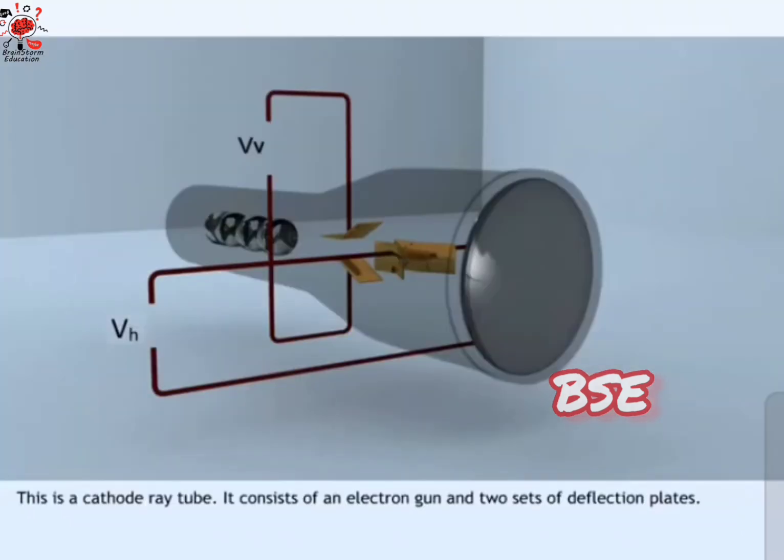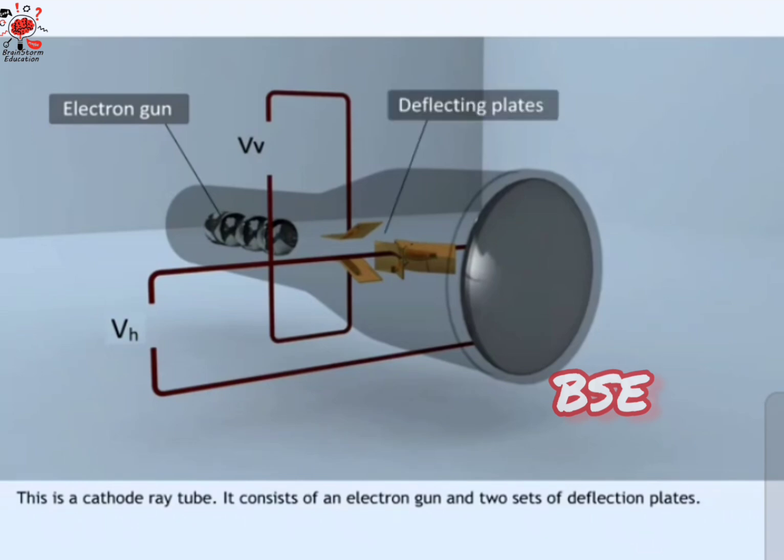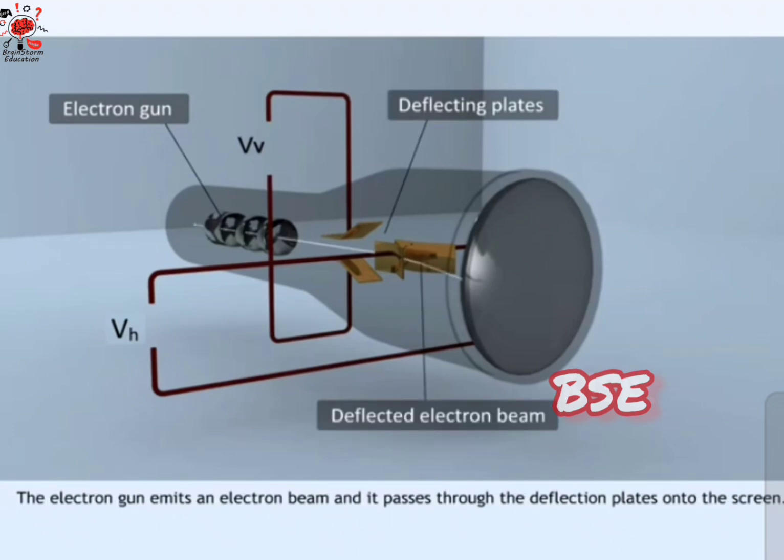Let us understand one such application. Here we have a cathode ray tube. It consists of an electron gun and two sets of deflection plates present inside the casing. The electron gun emits an electron beam and it passes through the deflection plates onto the screen.